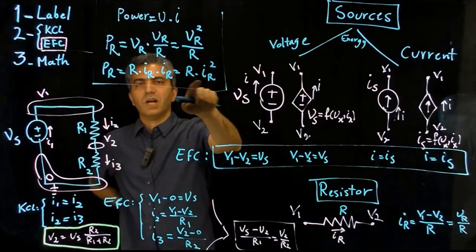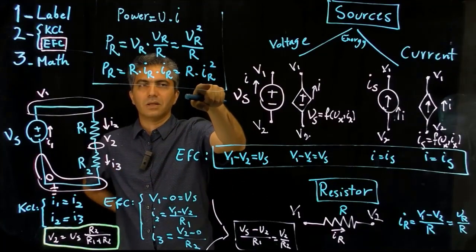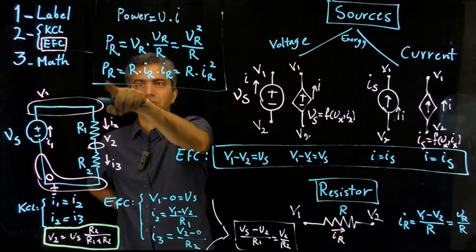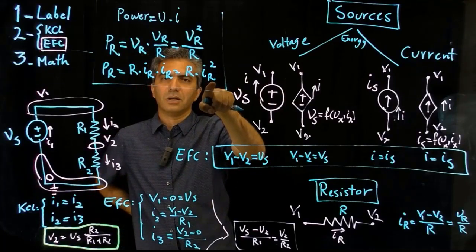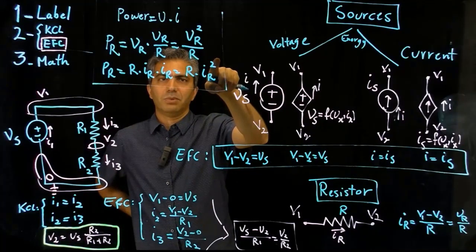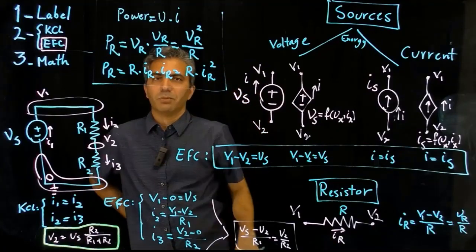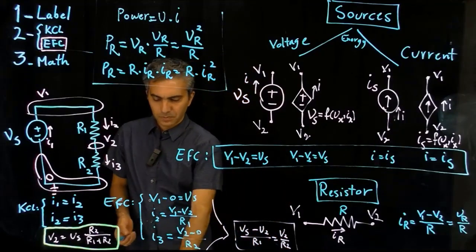So again, the value in this equation is that in a case that I have the resistance and the current passing through the resistor, I don't have to calculate the voltage across in order to calculate the power. I can simply take the current that is passing through, multiply it by itself, or square it, and multiply by the resistance, and that would be the power of the resistor.